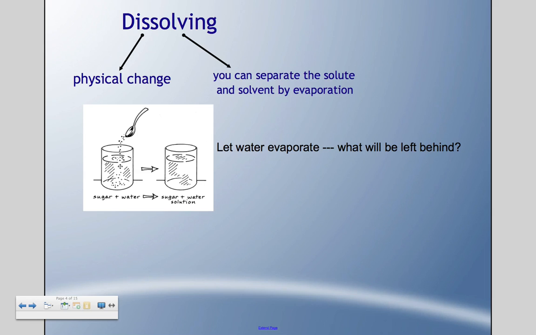So here is exactly what I talked about. Sugar plus the water, we get a sugar and water solution. But if we let that water evaporate, there's something that'll be left behind. So even though the formation of bubbles is a chemical reaction, dissolving is not.